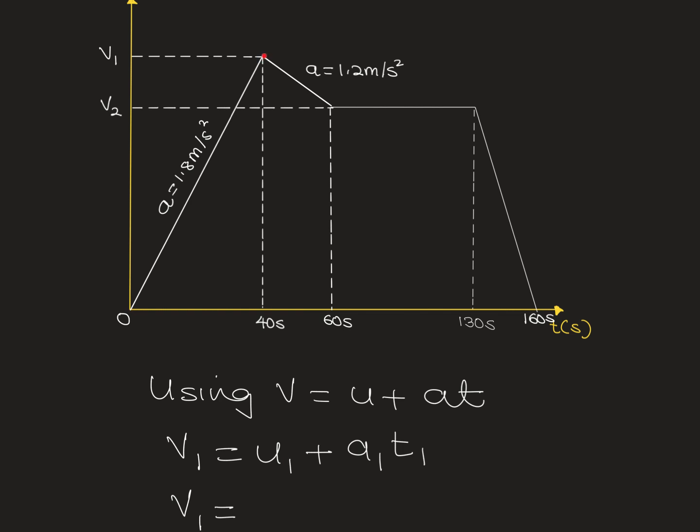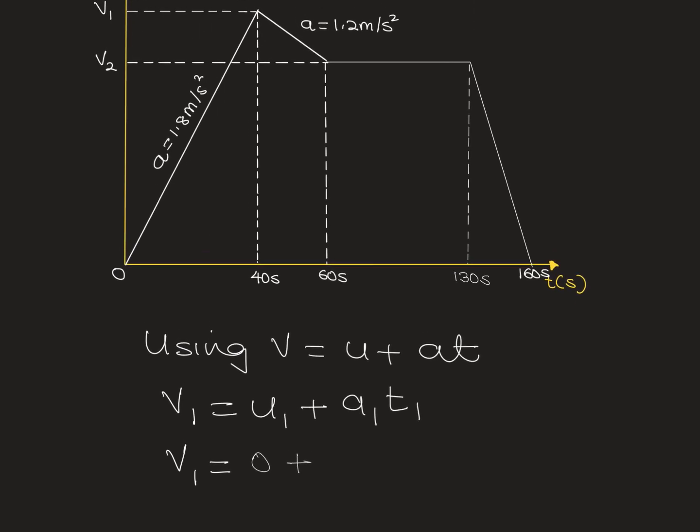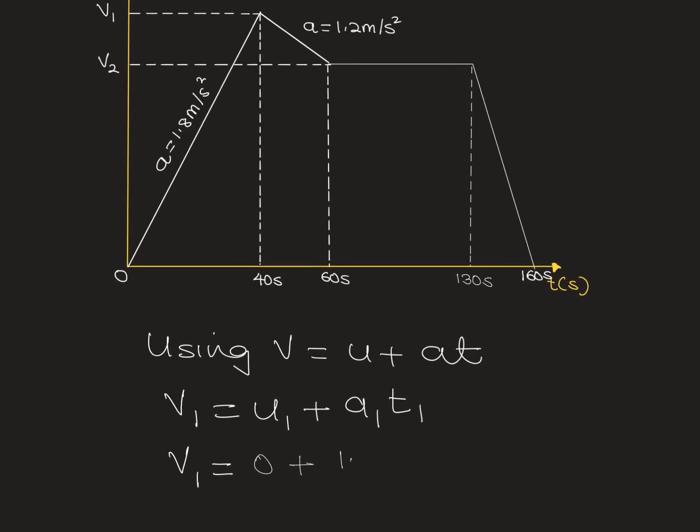And this is the final velocity for the first phase of the motion. So u1 is 0 plus the acceleration for the first phase of the motion is 1.8 meters per second squared multiplied by the time duration for the first phase of the motion is 40 seconds.